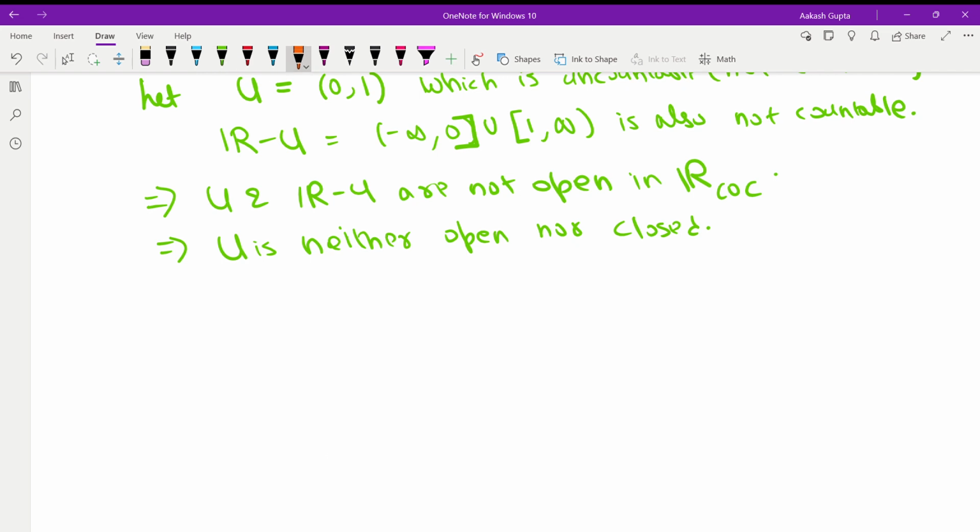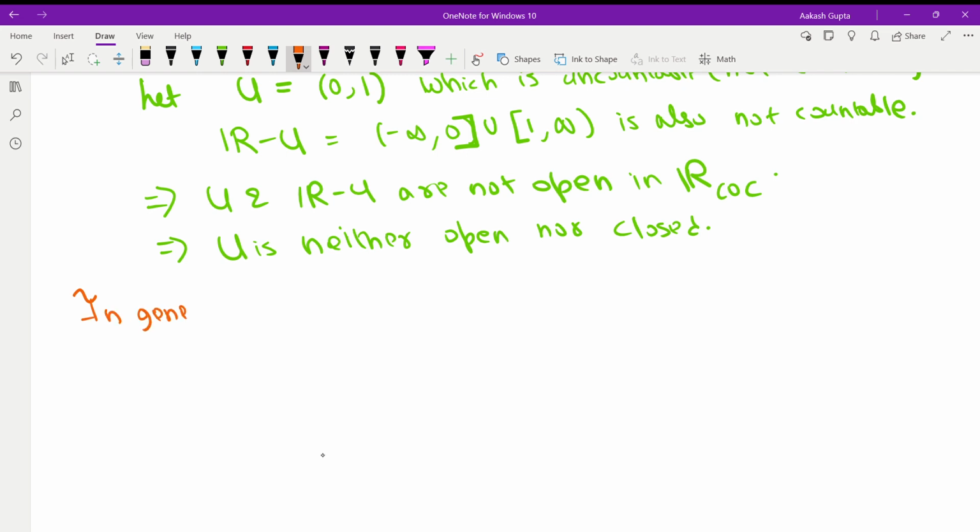Okay, so let us have examples of two very standard things. We have learned that a finite intersection of open sets is open. What about the other case, right?